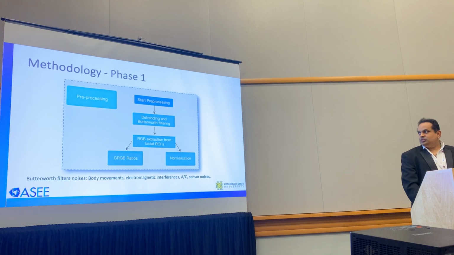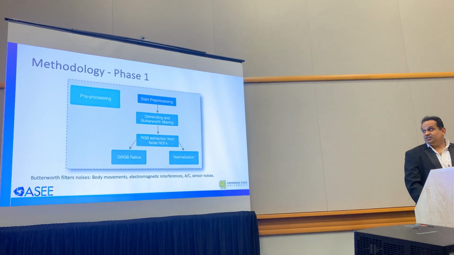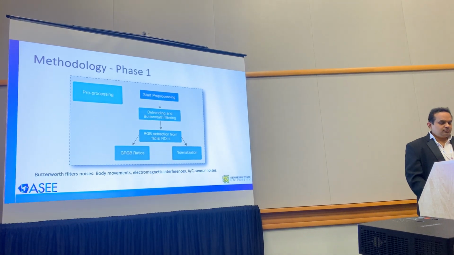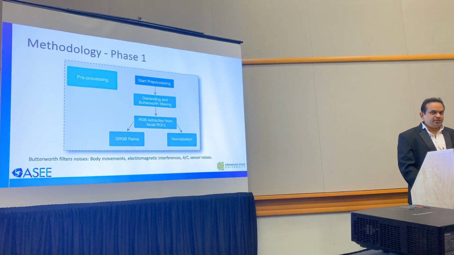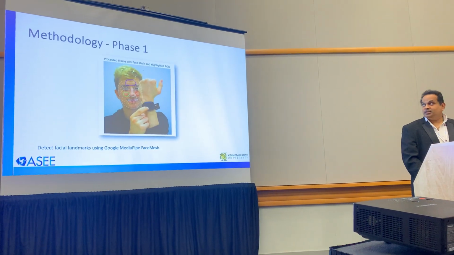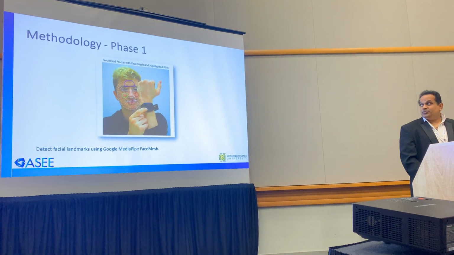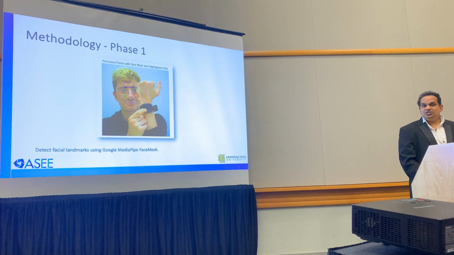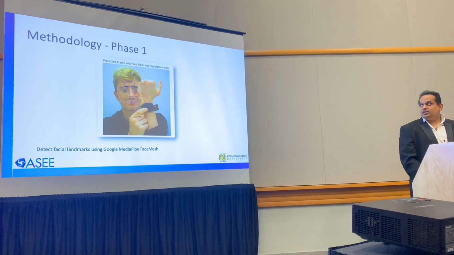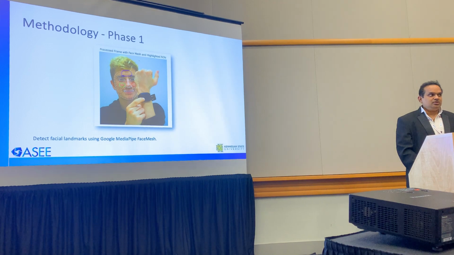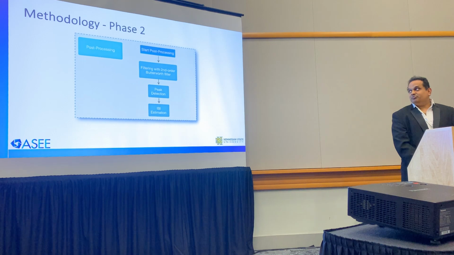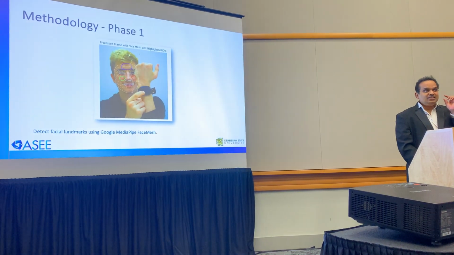So what is the methodology we introduced in the paper? We start by pre-processing the video signals. We use certain technology to pre-process, and then we find the regions of interest. So how do we measure the change in blood volume and pulse? We just pick up 3 regions of interest, which are the forehead and 2 cheeks. And then we measure the pulse levels through change in color.